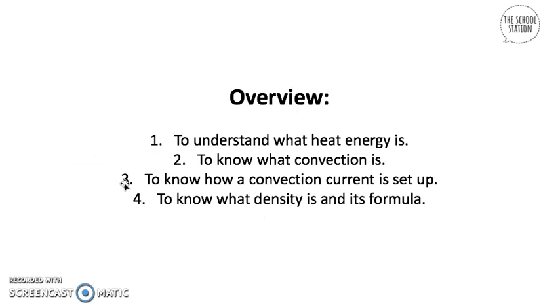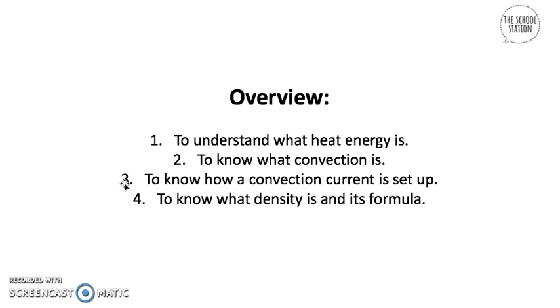But just as an overview of what we have learned today, we understood what heat energy is. Heat energy is the high kinetic energy of atoms, molecules, and ions. We've also learned what convection is. Convection is the transfer of heat energy through fluids, which are liquids and gases, and what happens is that a convection current is set up.